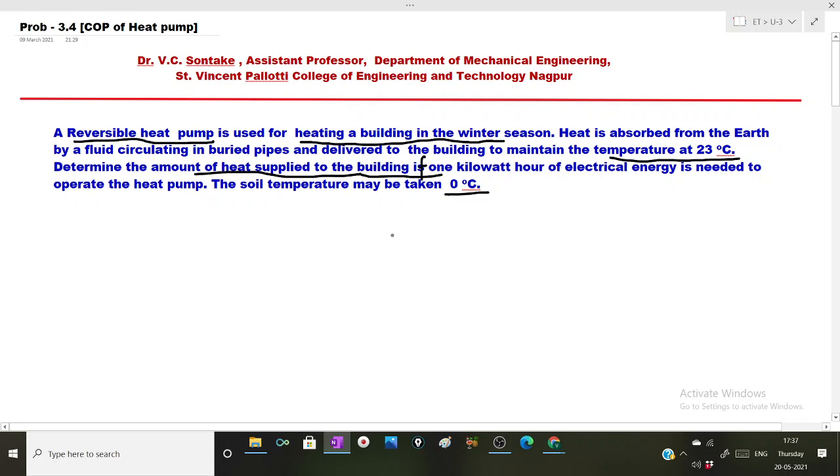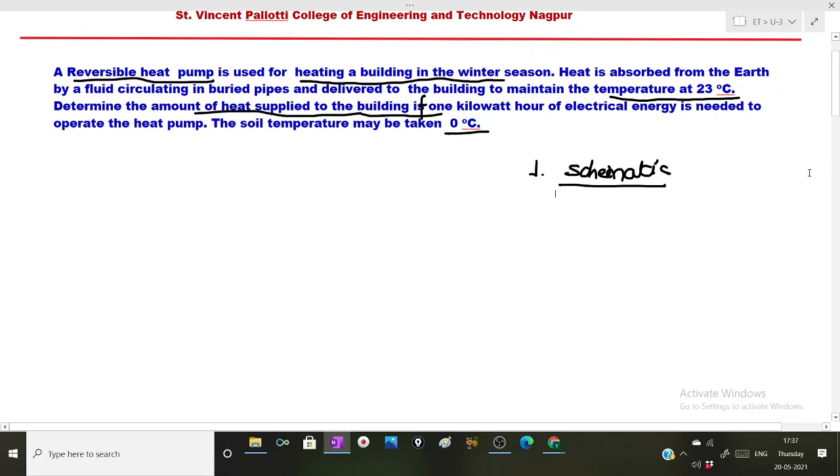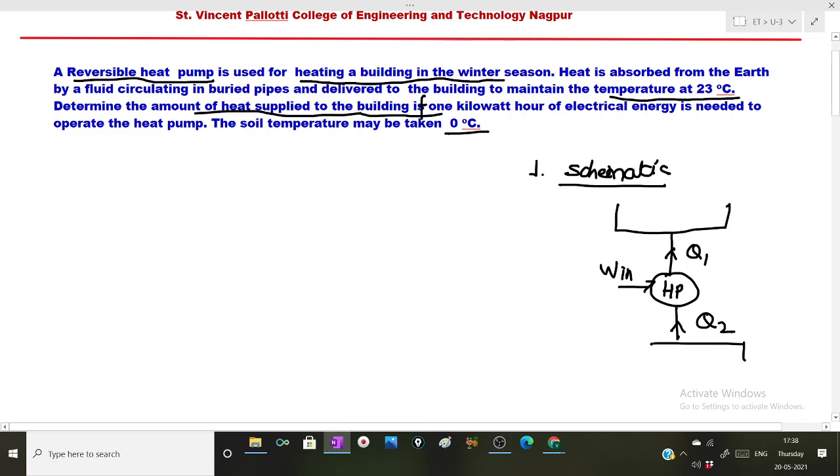So let us first draw the schematic of this problem. There is a heat pump. It is supplying heat to the heated space and it is rejecting heat from the sink.